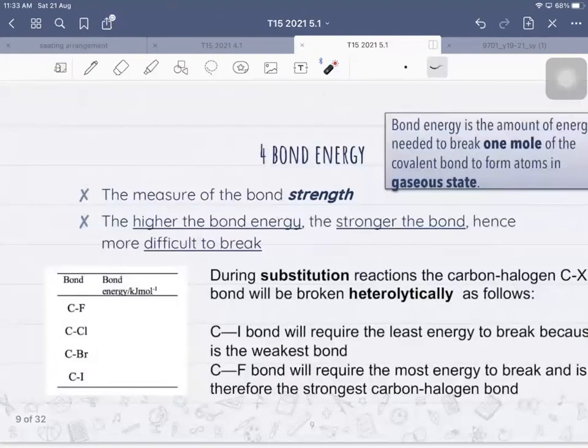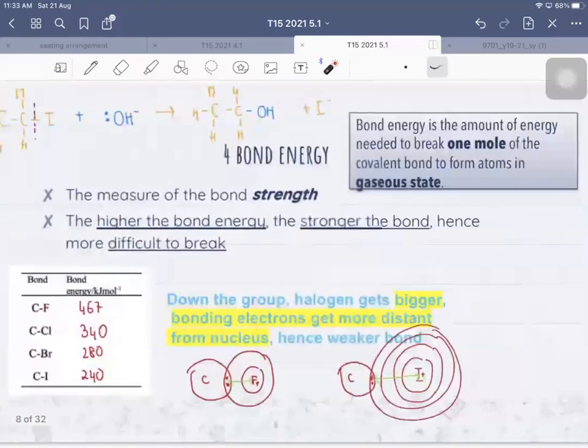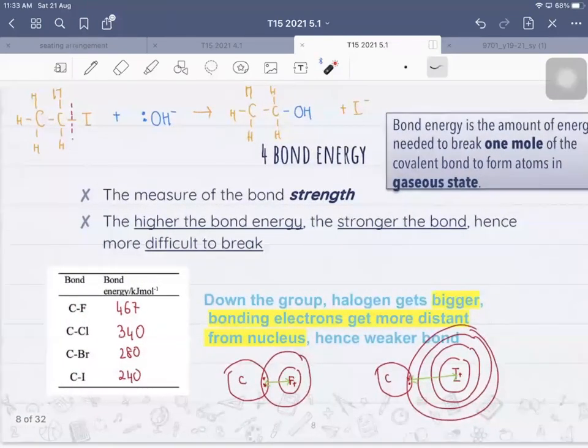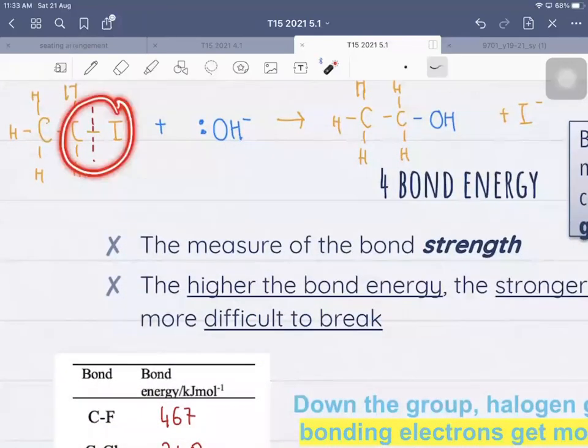On the next page, well, it's still the same page for you, sorry. During substitution reactions, the carbon halogen C-X bond will be broken heterolytically as follows. So you can see here during a substitution reaction, the carbon halogen bond will be broken down heterolytically.